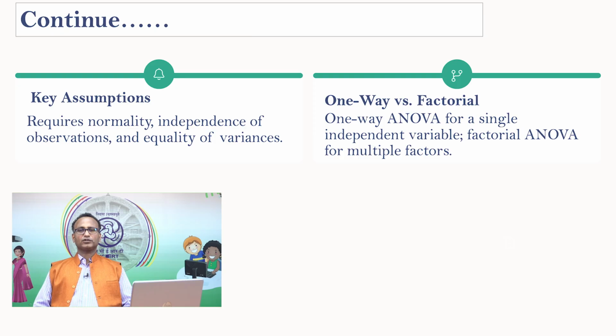The key assumptions you have to keep in mind when using ANOVA or F test are that the data must be normally distributed, data must be collected by random sampling, and there must be equality of variances. And in case of ANOVA, you can have a one-way ANOVA. One-way ANOVA, as in the example I gave: rural, urban, tribal.